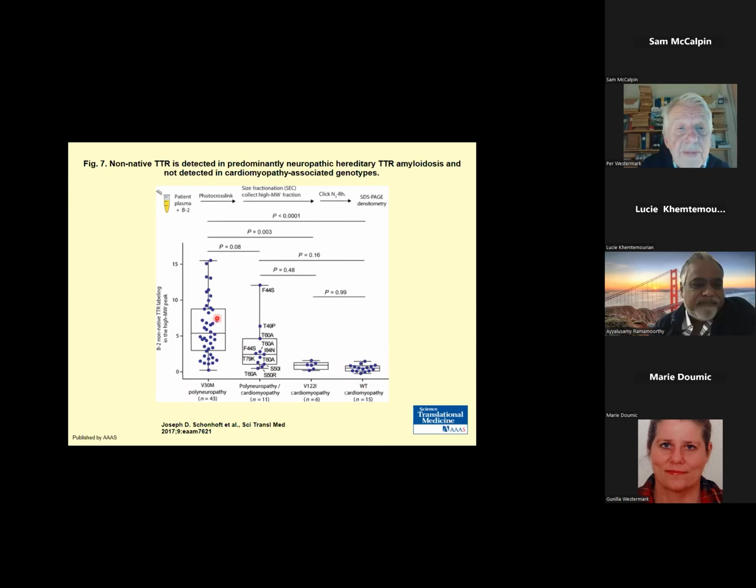So it seems that the misfolded TTR proteins circulating are different between this form, which probably is type B, and this form that we know is type A.